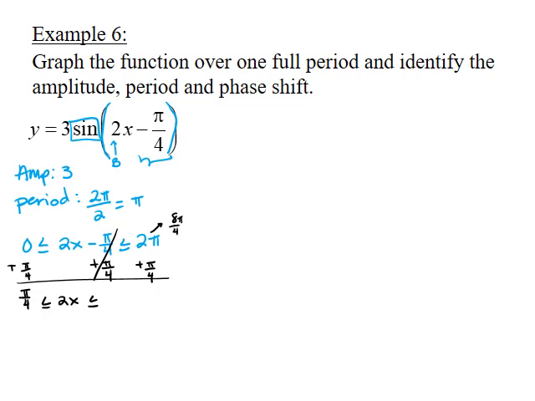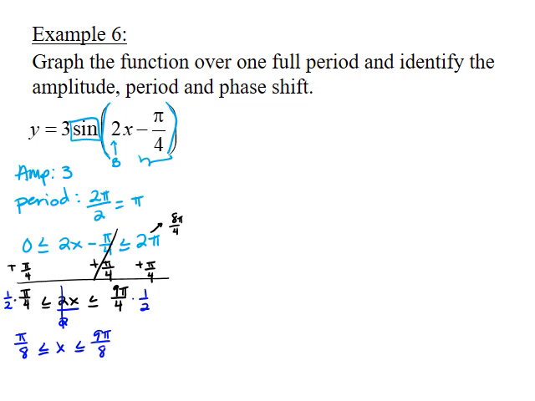That's equivalent to 2 pi. So 8 pi over 4 plus pi over 4 is 9 pi over 4. And then we're going to divide by 2. And when I divide everything by 2, that's the same as multiplying by a half. So we end up with pi over 8 is less than or equal to x is less than or equal to 9 pi over 8.